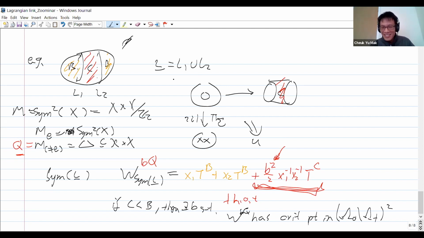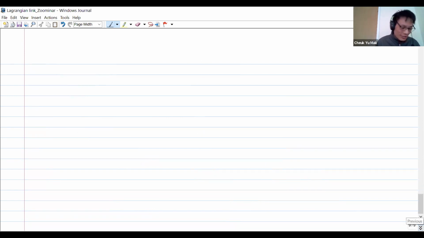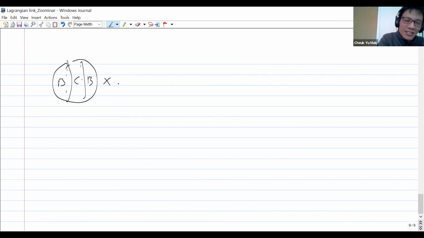Of course you can use area reasoning, so this is a very fancy way to prove this non-displaceability. But now we can go back to the question that we are more interested in, which is this guy, E C B cross A. The key point here is that the same idea works, but something a little bit tricky happens.